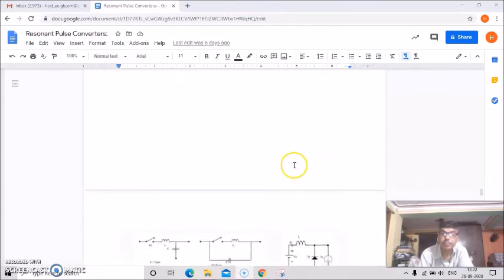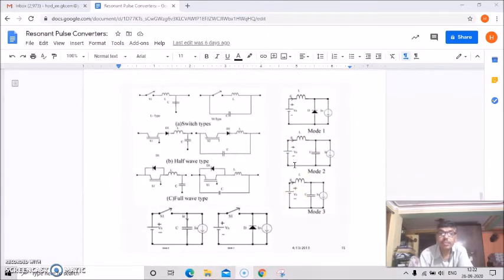Okay, so these are the different types of switch. That is, this is the L type switch circuit, and this is the M type. This is actually half wave type. Okay, this is full wave type.